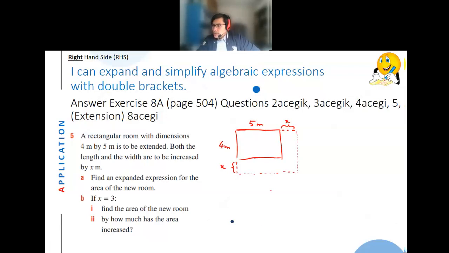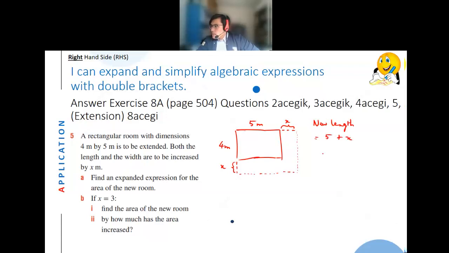And we want to find the expanded expression for the area of the new room. So how can we express this? The new length, because we increase the length, is going to be 5 plus x.